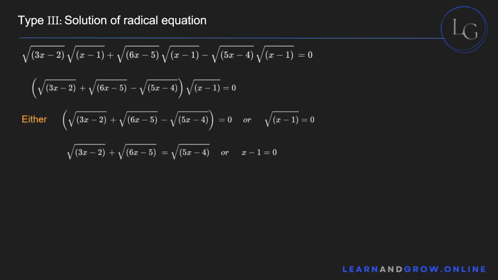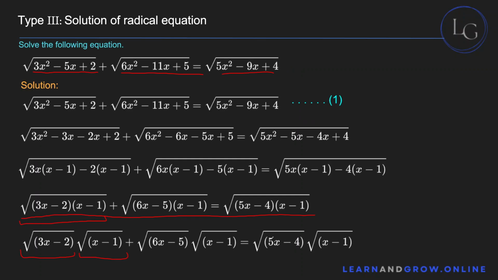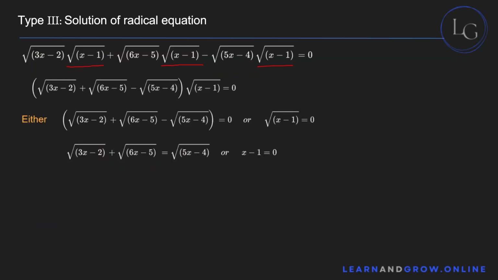Now, what you'll do here is you'll see that the x minus 1 whole under root term is common in all three terms. So, first off, you'll take this term on the left hand side because all radical terms must be on one side as per the rule.